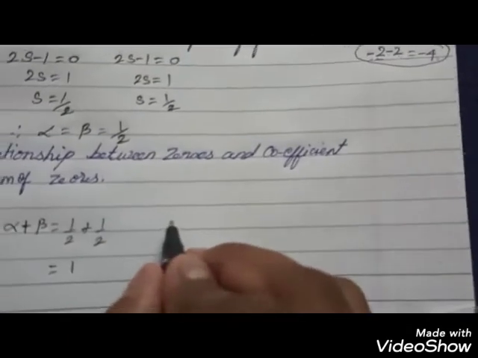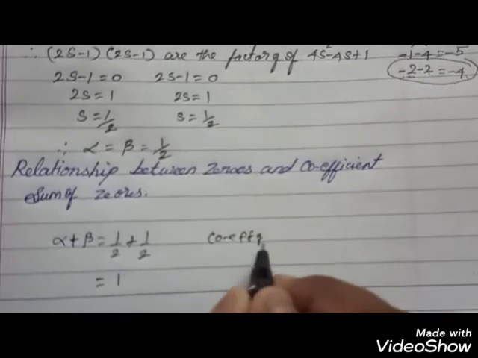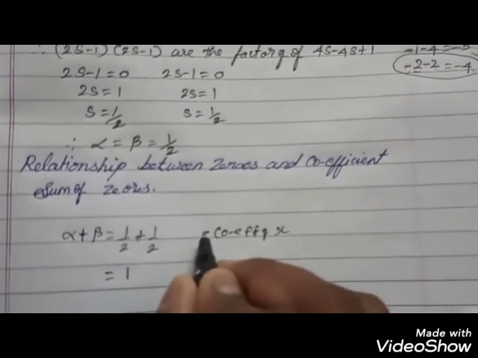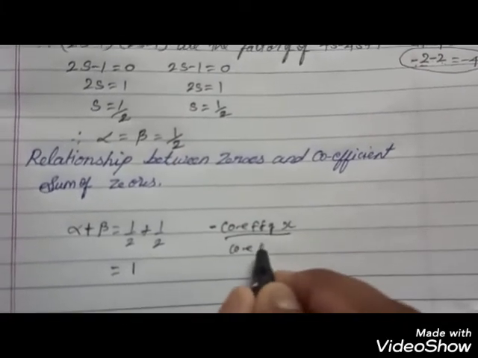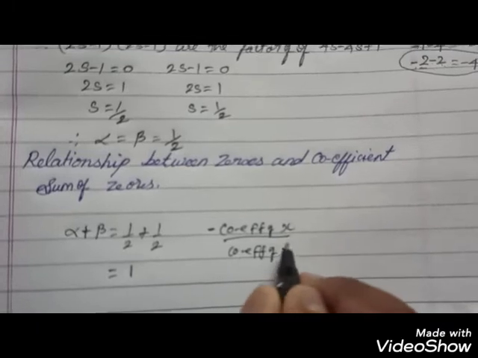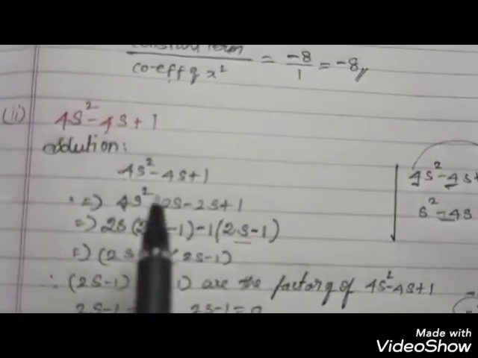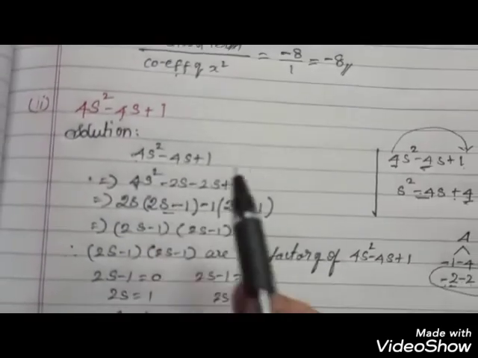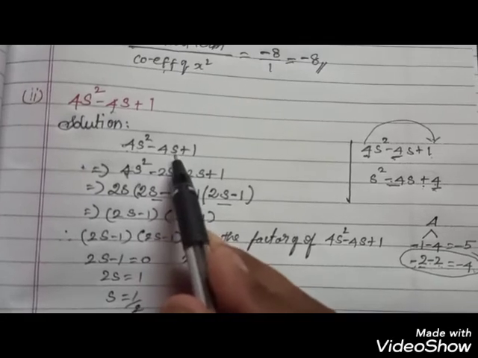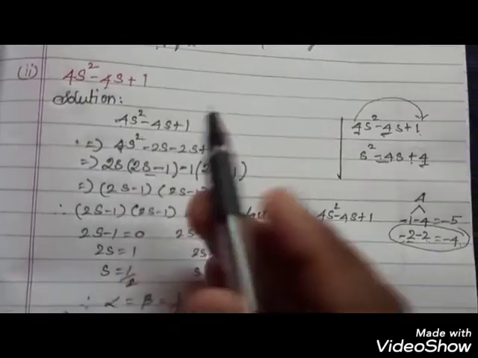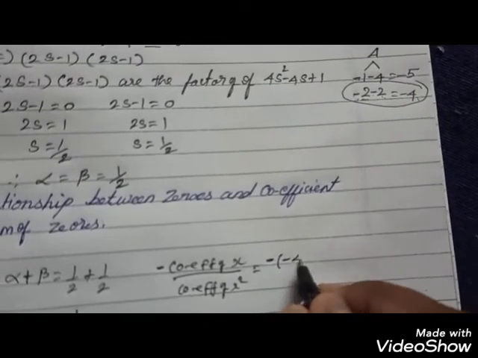So by comparing coefficients, that should be minus coefficient of x divided by coefficient of x square. Here the variable is s. Coefficient of s is minus 4. So minus of minus 4.